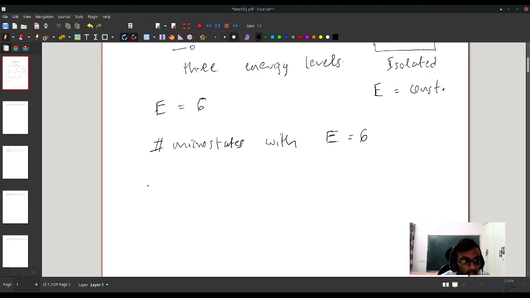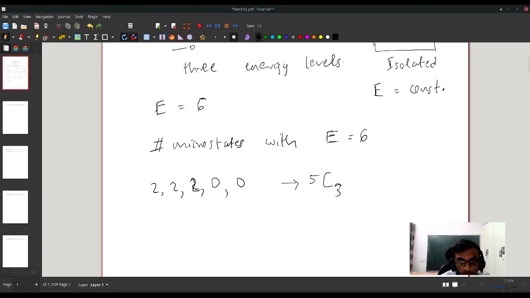Let me denote these by separating them with commas: 2, 2, 2, 0, 0, and there will be 5C3 such states. You can select any 3 of the atoms and say that they would be in a state with energy 2. So there are 10 ways of selecting this.